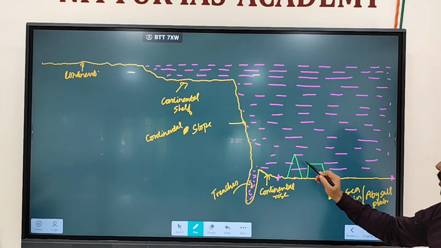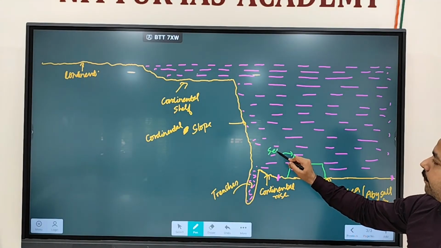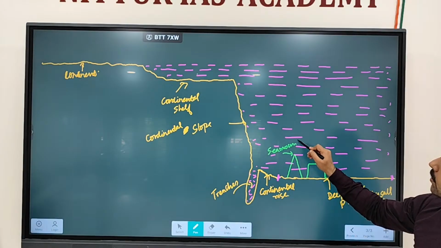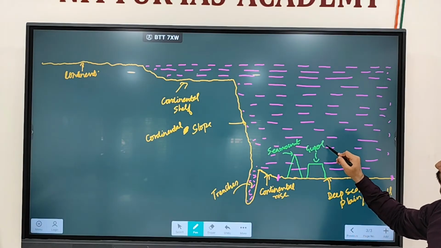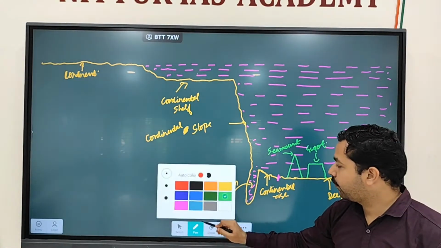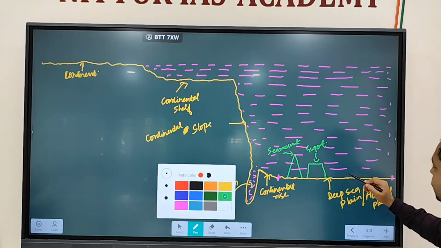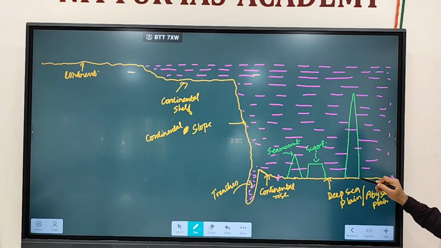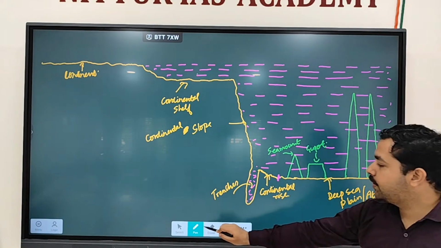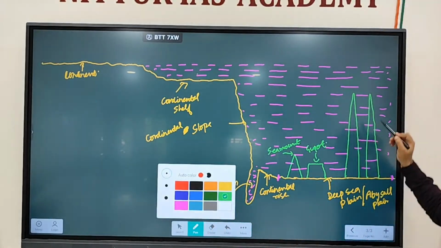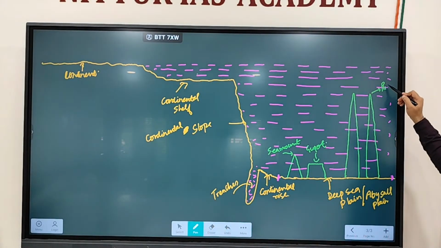Now this is called your seamount. This is called your guyot. Then you'll also see features like this. These are referred to as ridges.